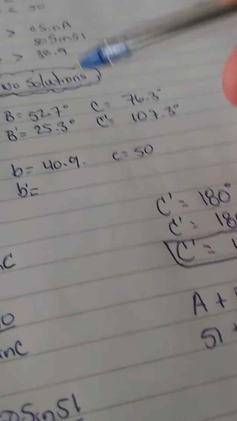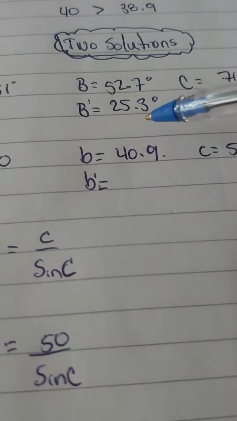So that'll be 40 over sine of 51 equals B prime, which we don't know, over sine of B prime, which was 25.3 degrees.